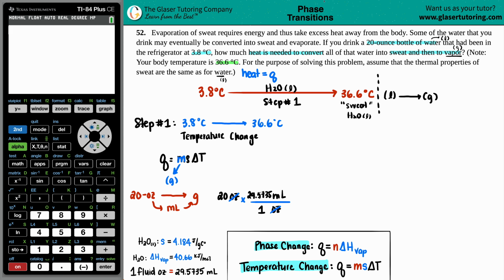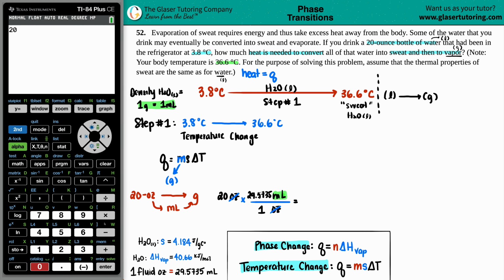Now, remember that the density of H2O liquid is always 1 gram per 1 mil. So whatever the milliliters you have, that is the same as the number of grams you have, because the density is always a 1-to-1 ratio.